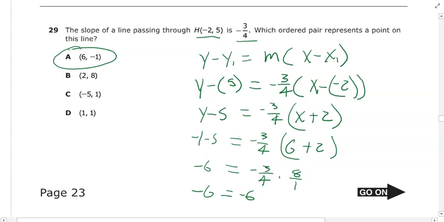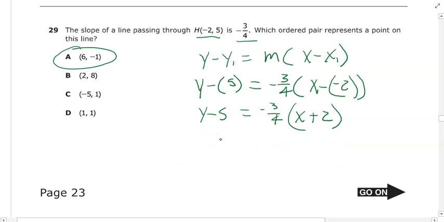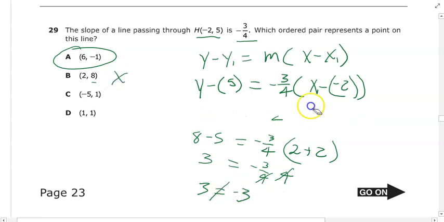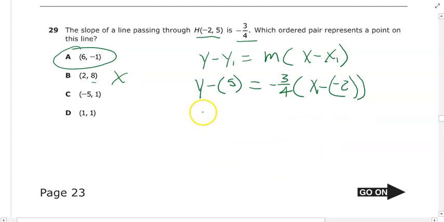Let's check another one, see if it works as well. Let's check 2, 8. So y would be 8. So I get 8 minus 5 is 3 equals -3/4 of 4. So 3 equals -3. That's not true. Check the other two. So y minus y1 should be 1 minus 5 equals -3/4.